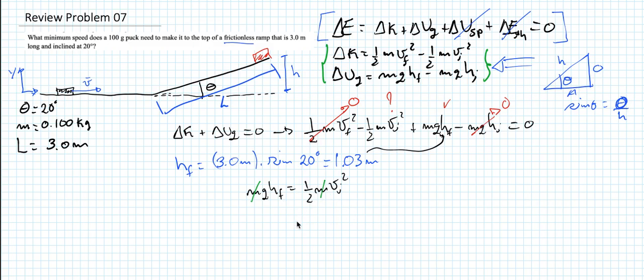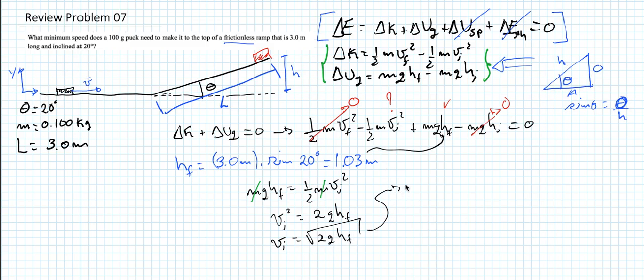So now the velocity squared will be 2 times the gravity and the final height. That will lead to my initial velocity being the square root of 2 times gravity times final height.